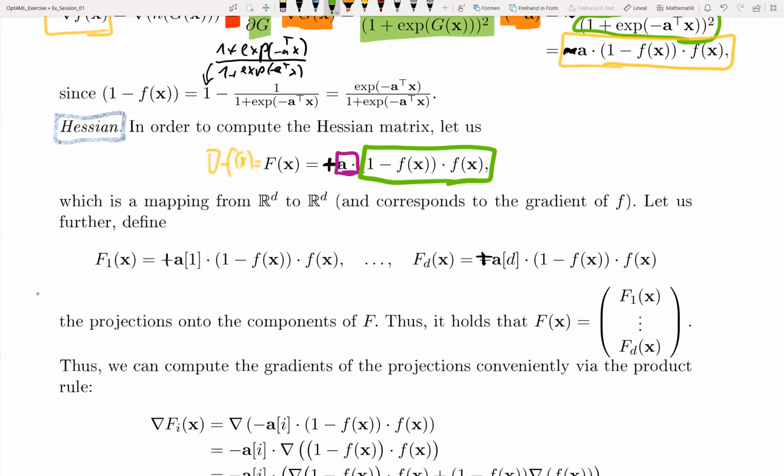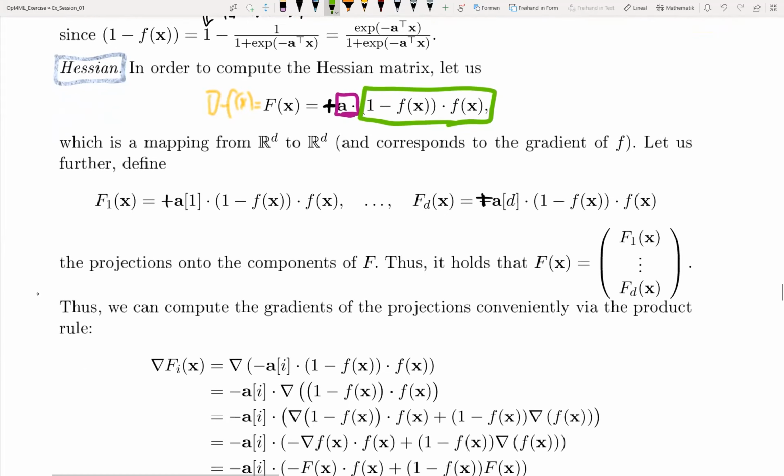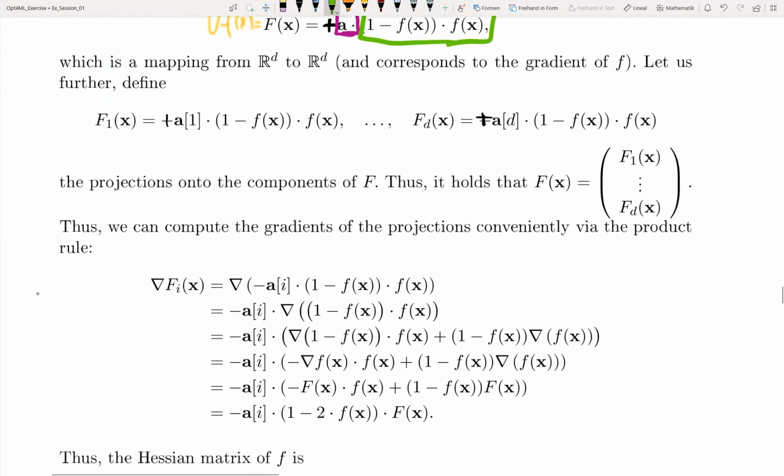So the components of this function f of x are essentially given by the components of the vector a. So f of x is nothing else than stacking together these f values. And now we have the wrong sign everywhere.